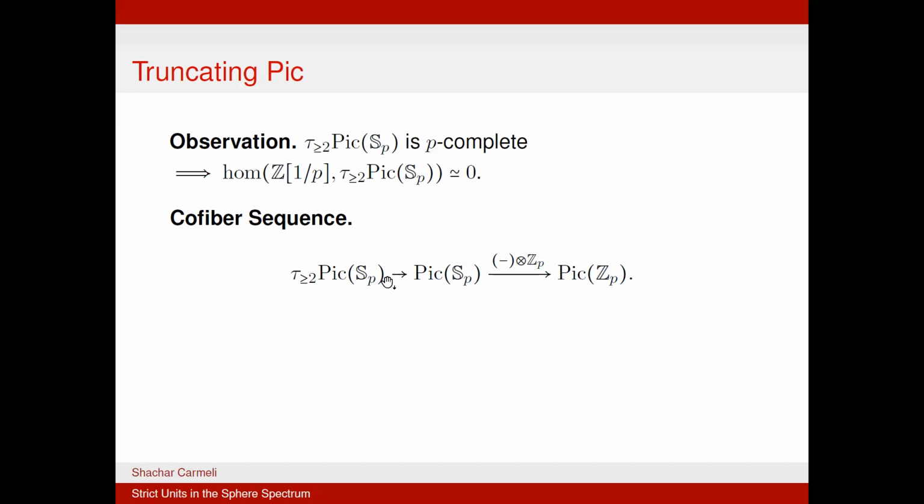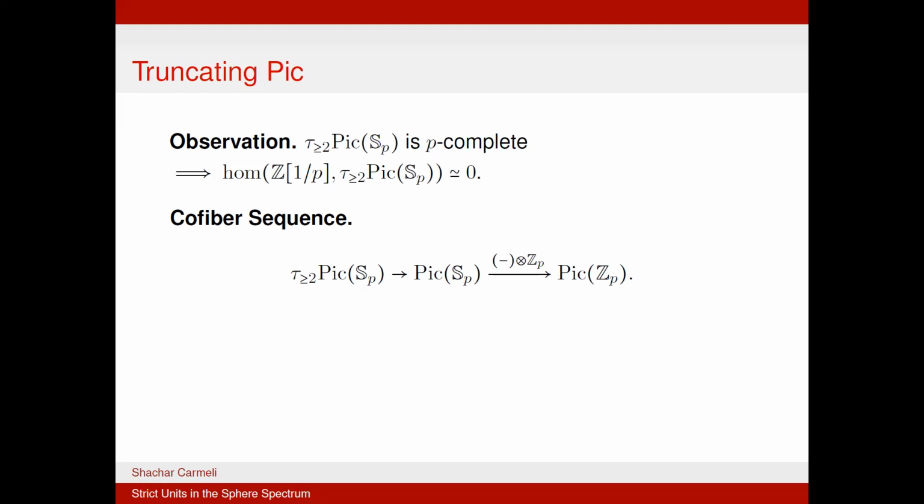So in other words, we have now the following sophisticated way to write the Postnikov tower of the Picard spectrum of the P-complete sphere. So we have the simply connected cover, we have the Picard, and it turns out that the one truncation of the Picard is actually just the Picard of the pi 0, which is ZP, because pi 0 is still Z and pi 1 is just ZP cross.